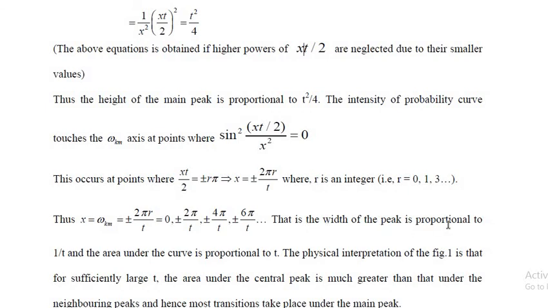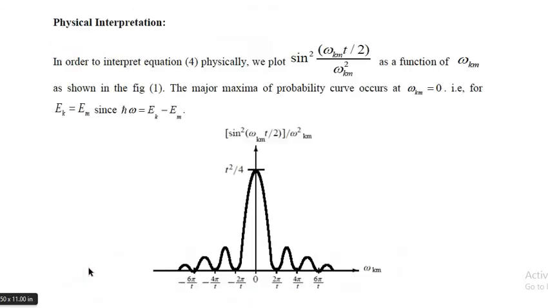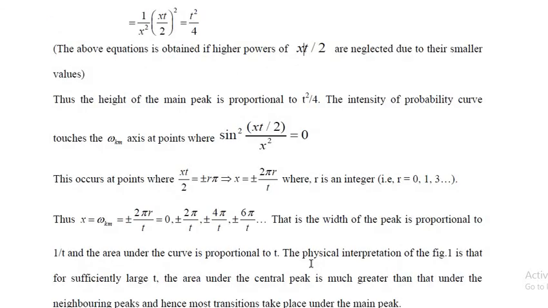So the width of the peak is proportional to 1/t. What is the width? This is the width, and this is the width. So the width of each peak is proportional to 1/t, and the area under the entire curve is proportional to t.